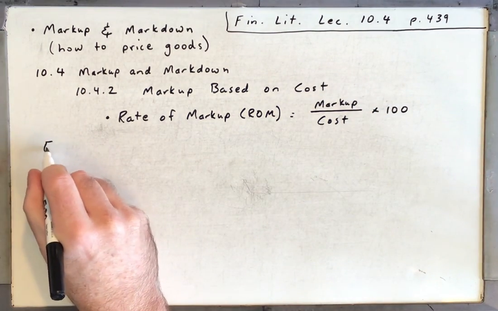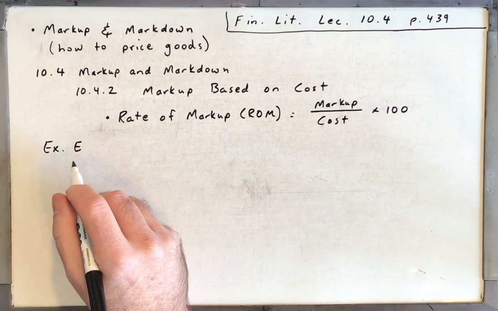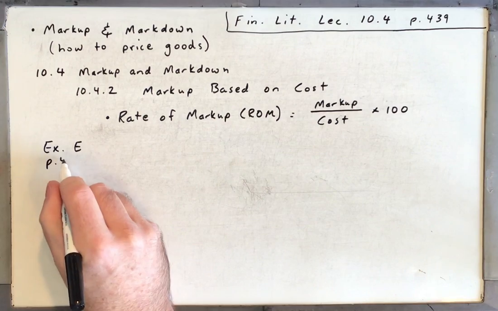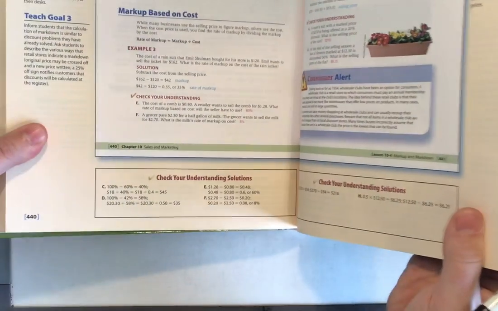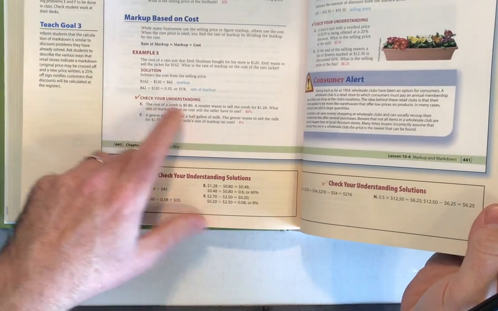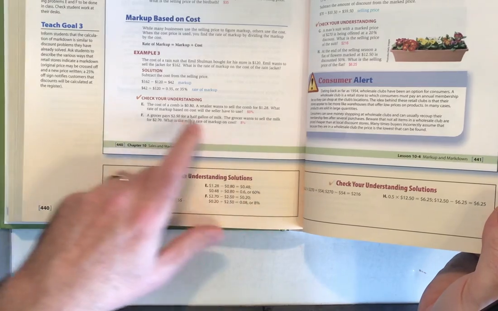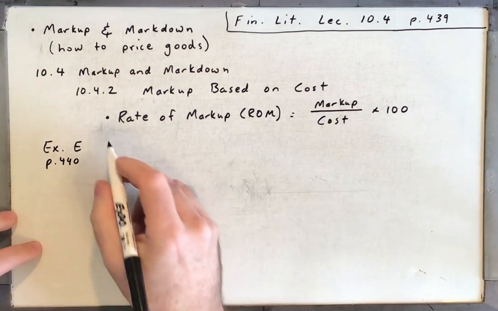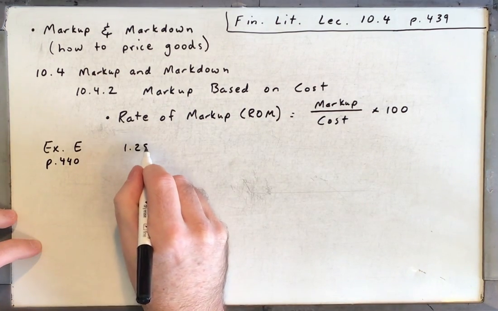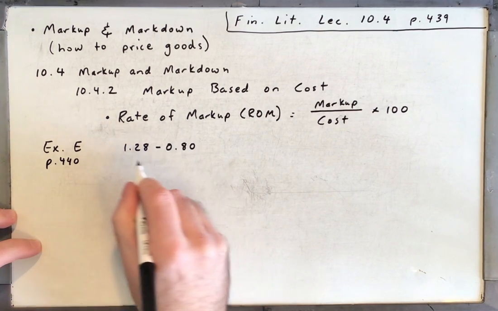So let's look at example E on page 440. Okay, that says the cost of a comb is 80 cents. Retailer wants to sell the comb for $1.28. What's the rate of markup that the seller will have to use? Okay, so the markup is $1.28, the selling price, minus the cost, 80 cents.